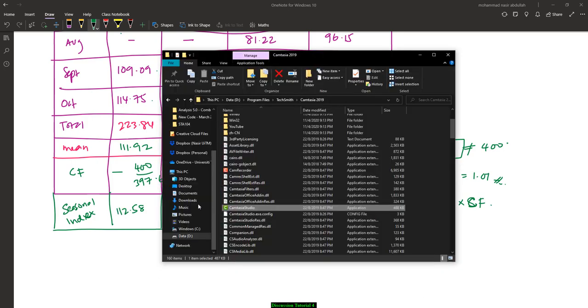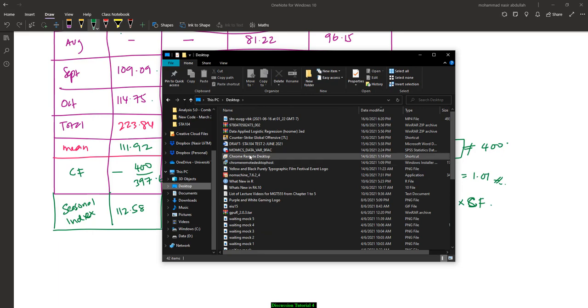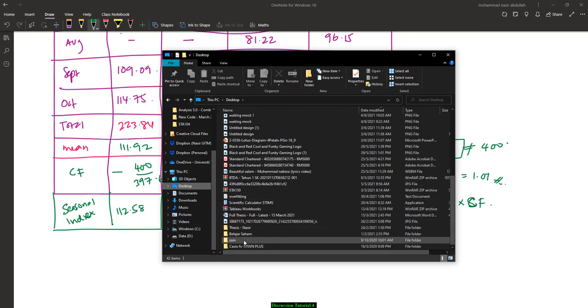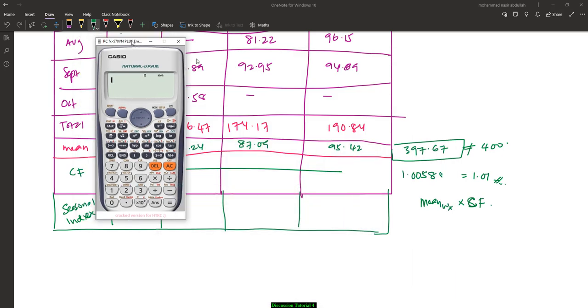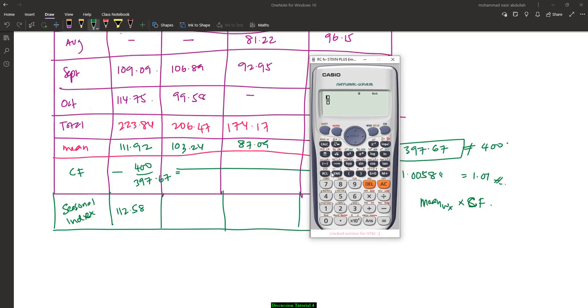Macam mana dapat? Sekali lagi ya. You biar aja macam ni. Okay, letak dalam fraction. 400 divide by 397.67 multiply with 111.92.